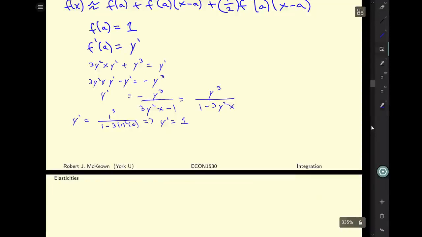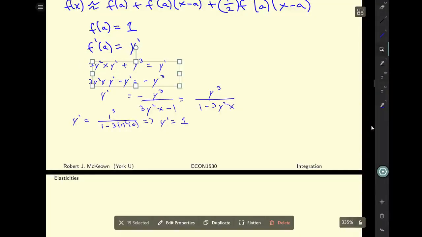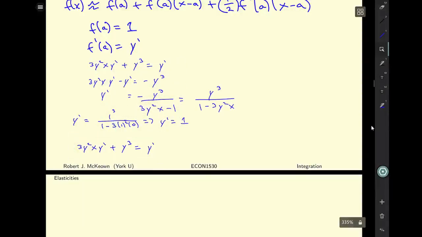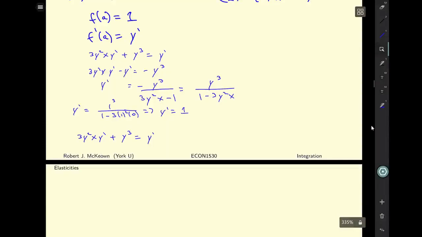Now to find the second derivative, let's go back to this term up here and let me duplicate it. And let's take the derivative of this again. Because we want to take the derivative before we start subbing into values. If we sub in the values first, we're not actually going to find the derivative.